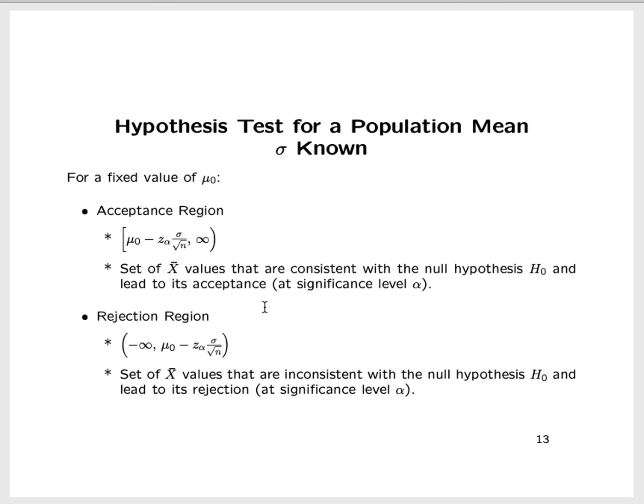And the rejection region, the set of x bar values that are inconsistent with the null hypothesis and would therefore lead to its rejection, again at a significance level of alpha, are given by the values in this interval.